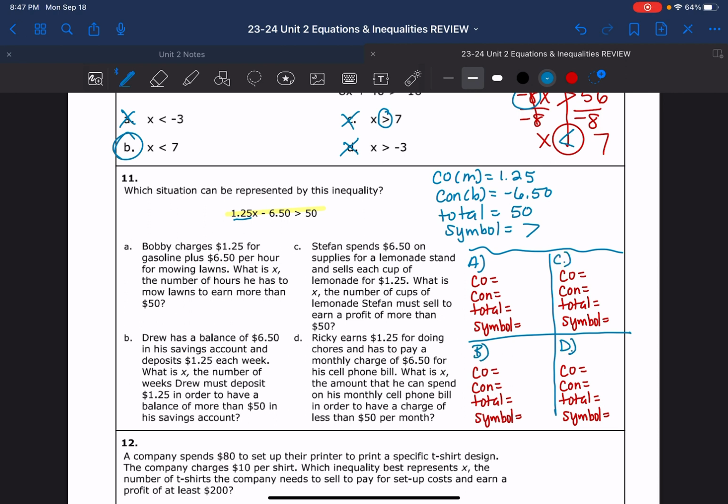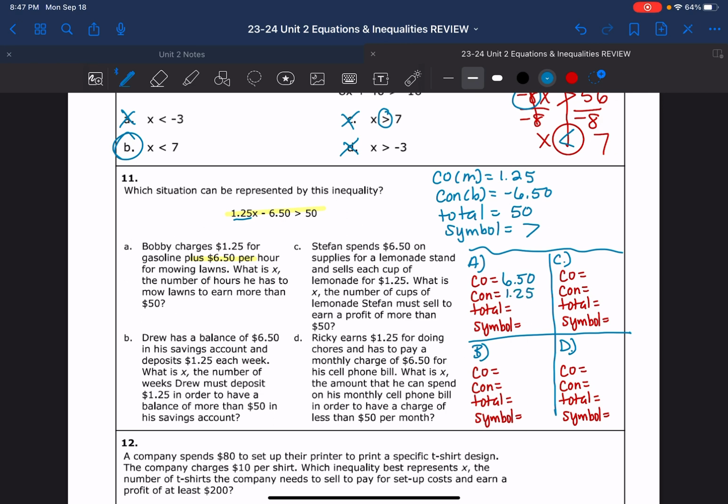Okay, so for A, Bobby charges $125 for gasoline plus $6.50 per hour. Okay, so right here it says $6.50 per hour. So I'm going to go ahead and put my coefficient down. Okay, there we go. And then it says 125 is being charged as well.